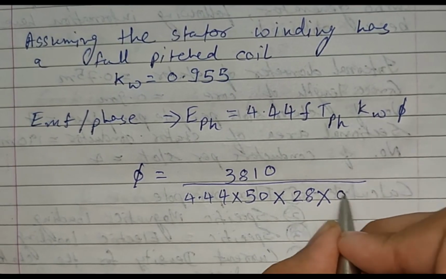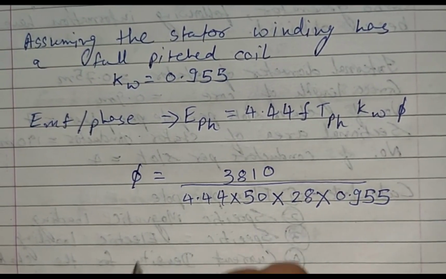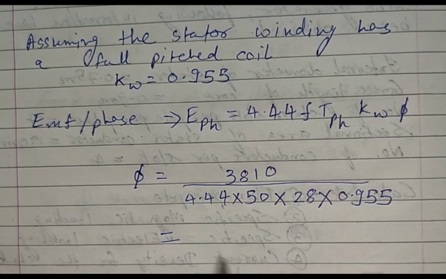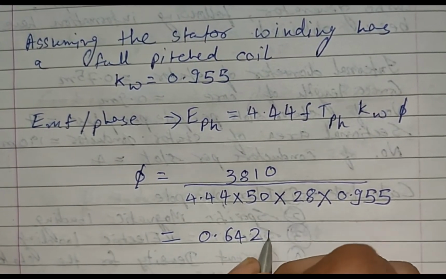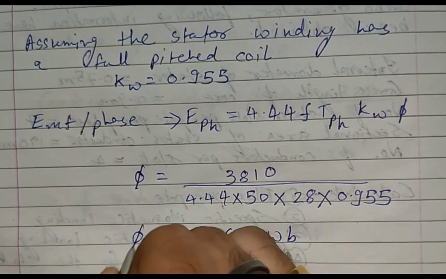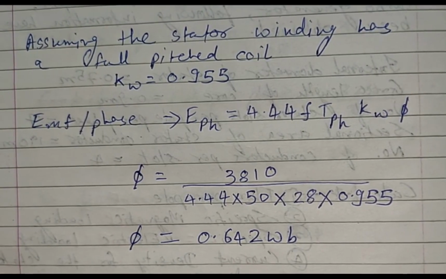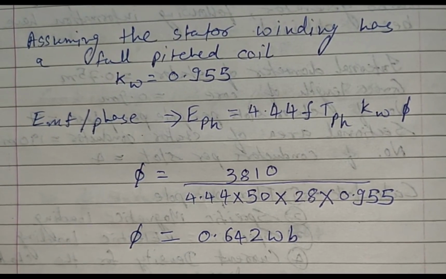So we can directly take the value of kW as 0.955. On solving this, we get the value of phi as 0.642 Webers, which is nothing but the flux per pole, or you can say the air gap flux per pole, which is required.